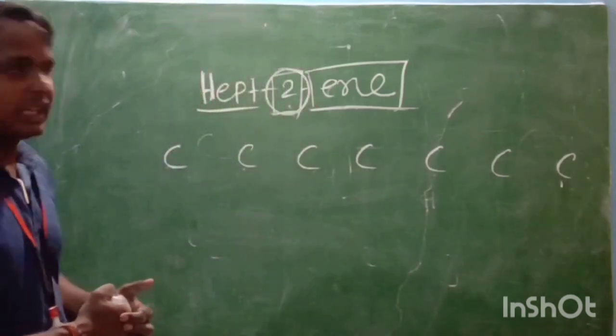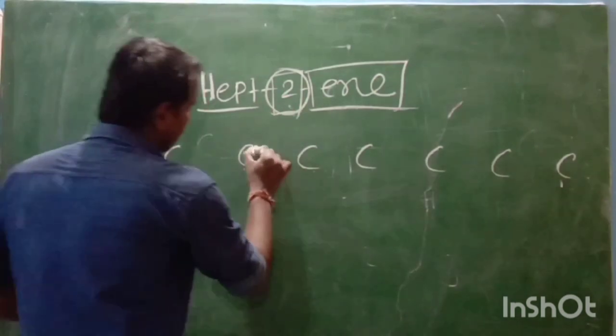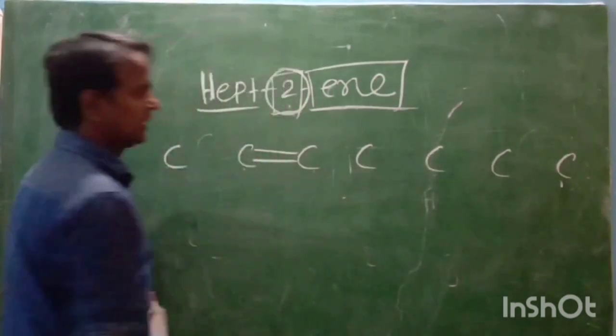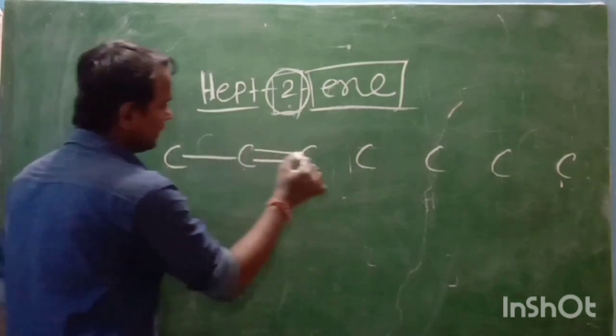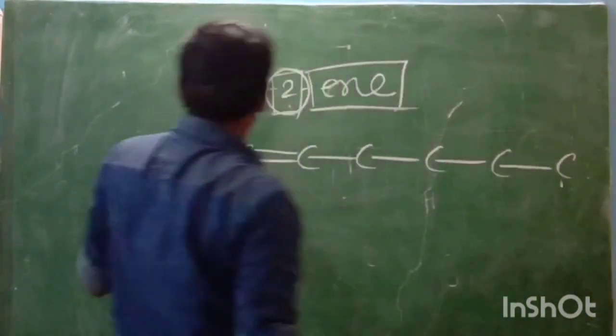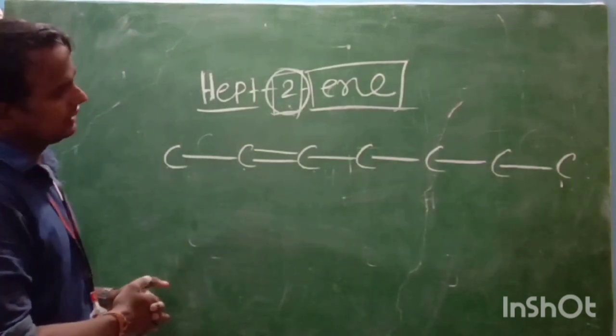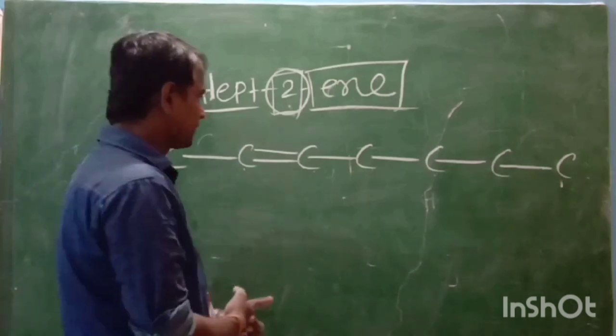Next, the other carbons are single bonds; each carbon forms a single bond with the other carbon atom.